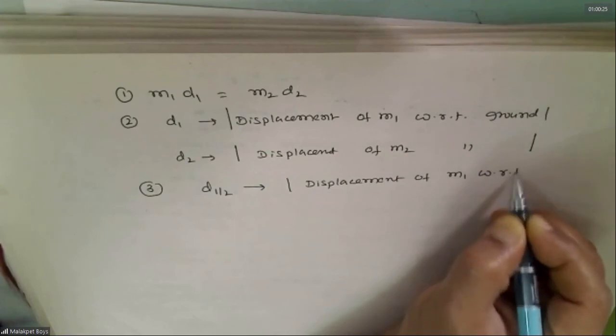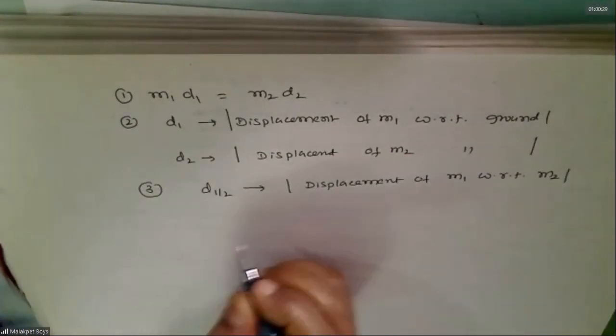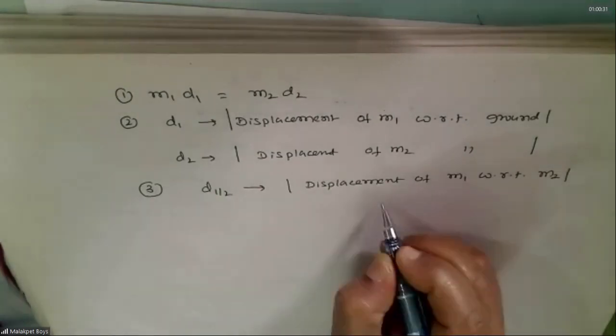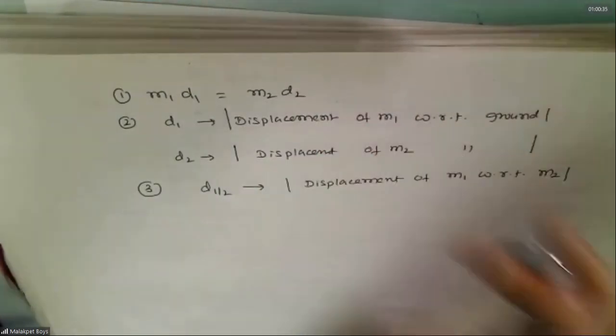with respect to the second object. So you will get this as one equation. Understood that? This is the first equation.